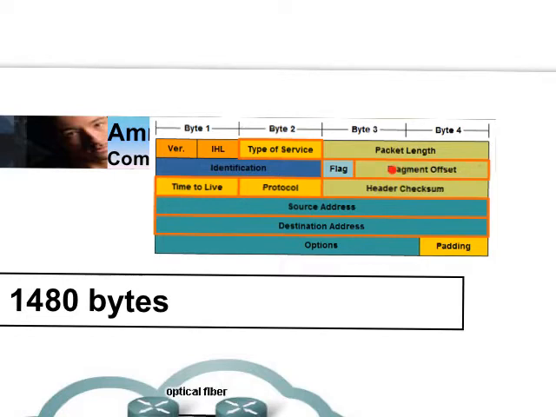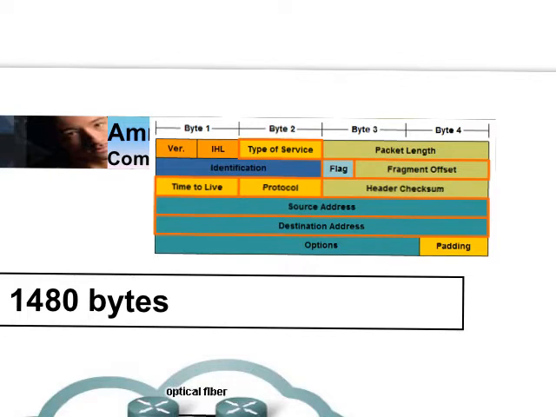Then the fragment offset will give you information on how you can defragment everything, how you can consolidate all these fragments into one packet. Why do we need this? Because, as you indicated last time, which is very intuitive, one of the fragments may get lost. I do not have any guarantee, and I don't use retransmission here.